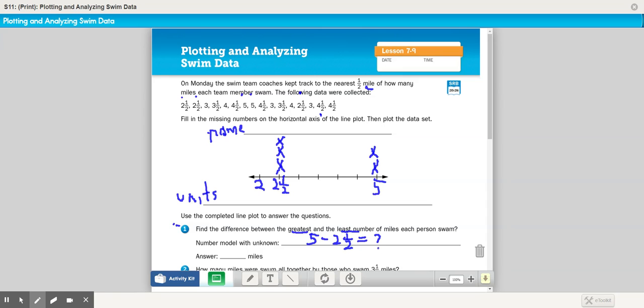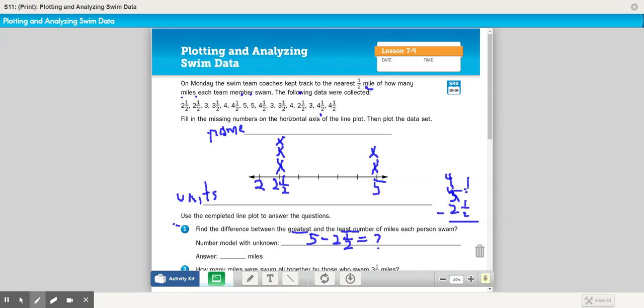All right, and then I do 5 minus 2.5 off to the side, and I do some subtracting. Well, can I take half from what's essentially 0 there? No, so I have to borrow. So that becomes 4 miles, and that becomes 1 mile.